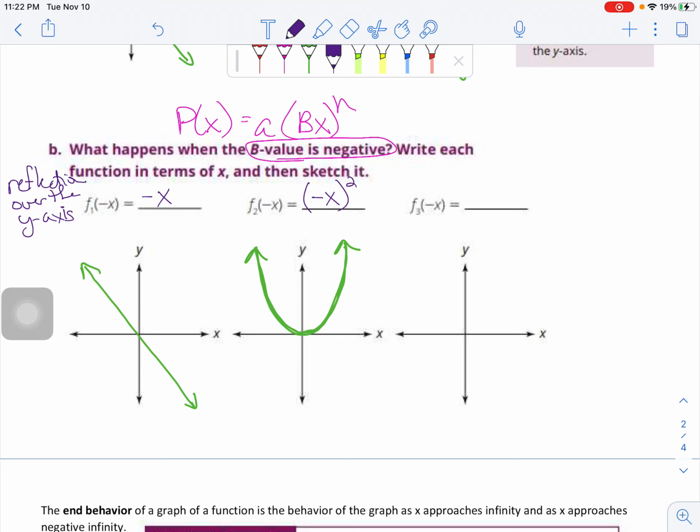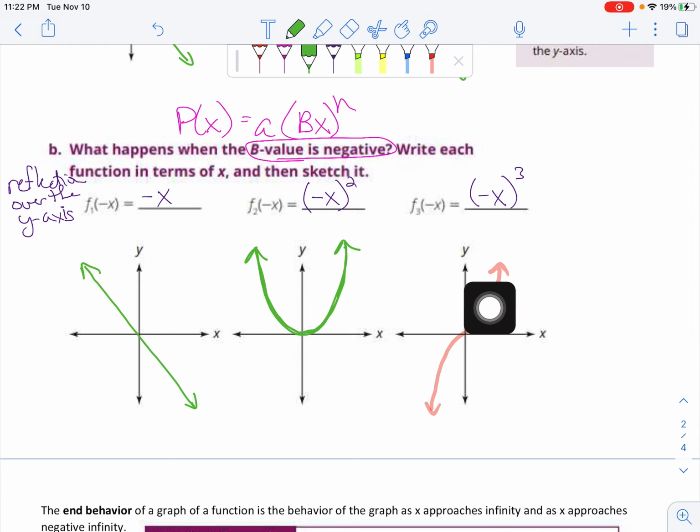In this case, we're going to talk about the cubic function. So we would have negative x cubed. So the original cubic function is that S-shaped curve, lower left to upper right. Okay, but now because of the reflection, we're going to take this lower left section, reflect it over the y-axis, so it would come into the lower right.